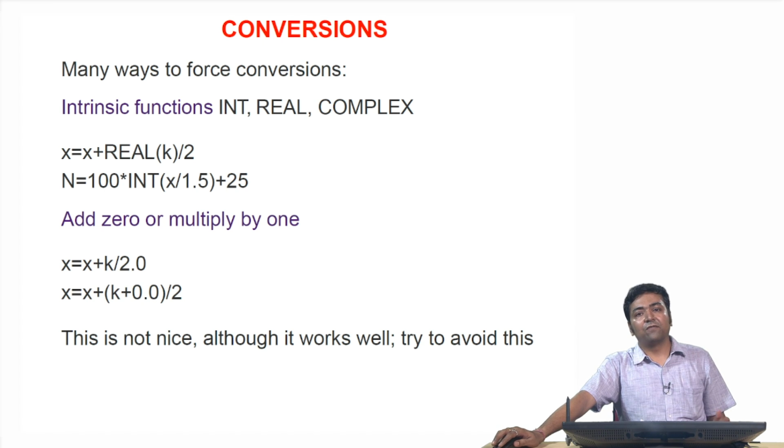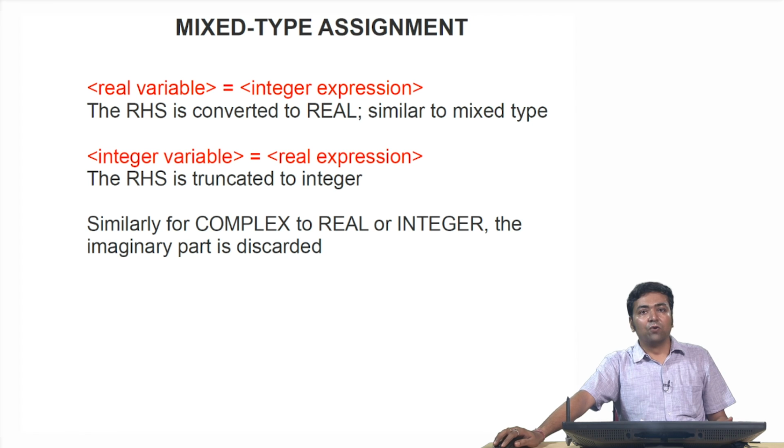So, this is another way of converting an integer number to real, but this is not advisable because again it makes you prone to mistakes. The proper and safe way to do it is using these Fortran statements.